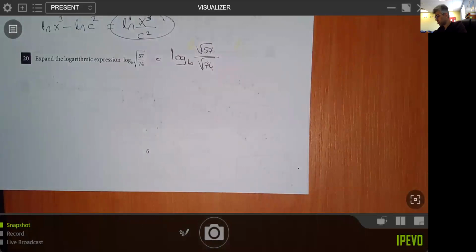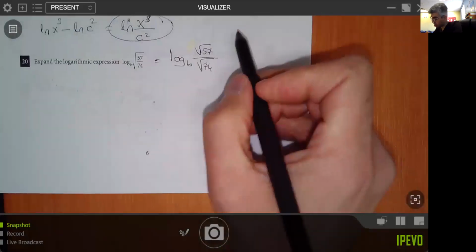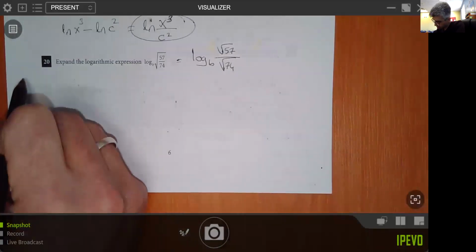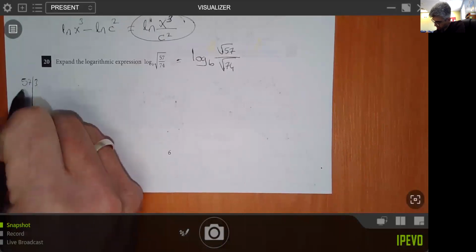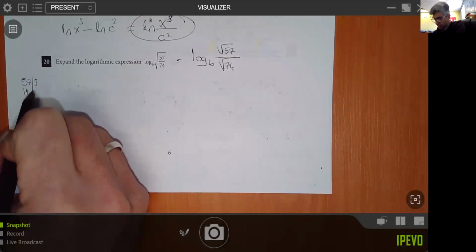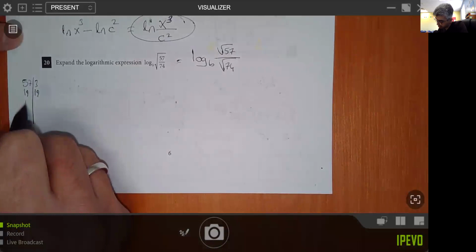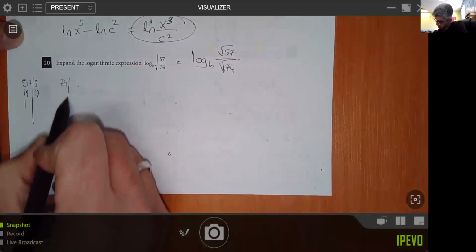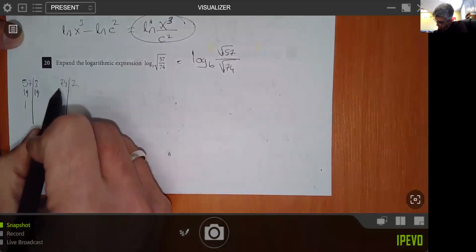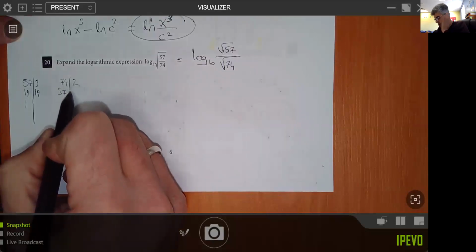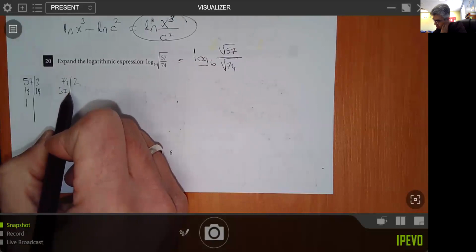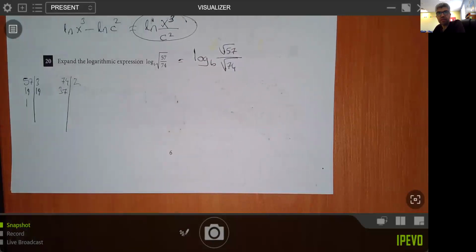57. Let's find the factors here, guys. 57 can be written as 3 times 19. What about 74? It's 2 times 37, and 37 is a prime number.